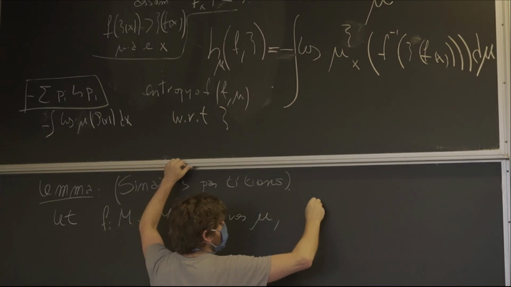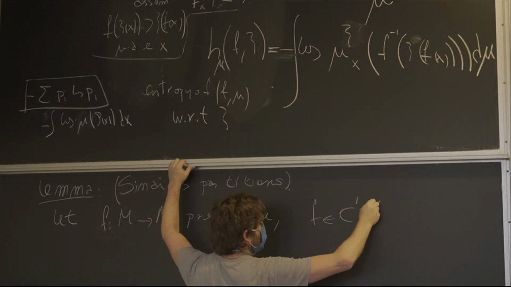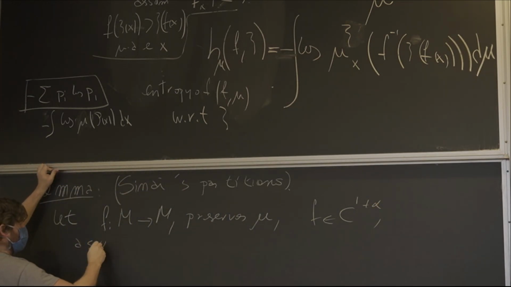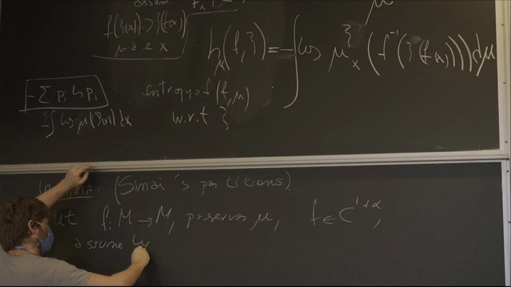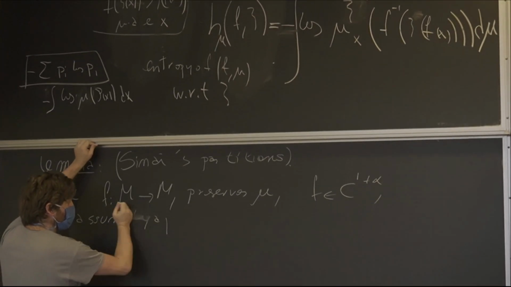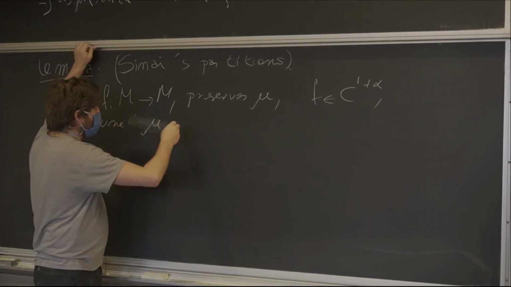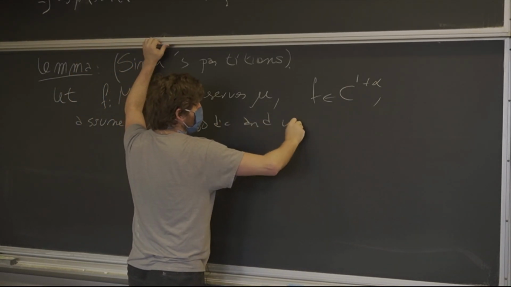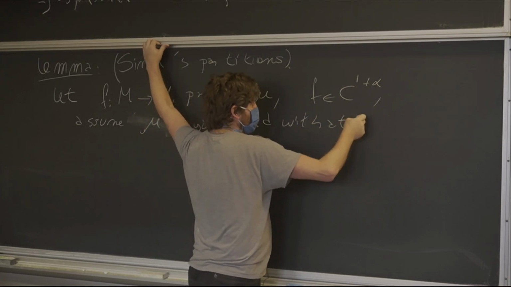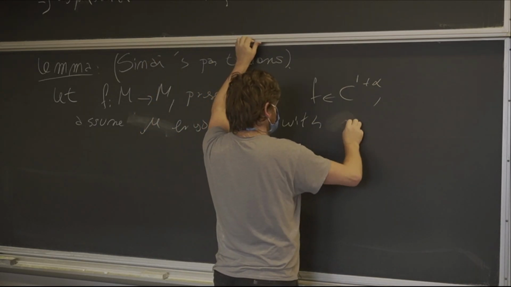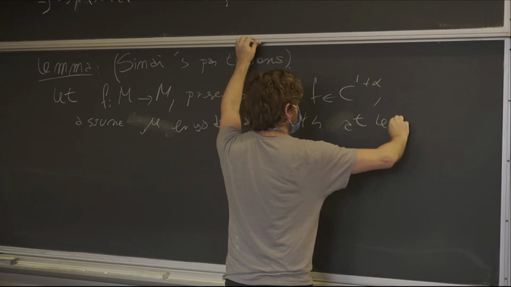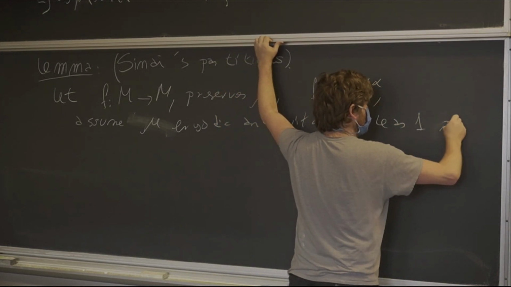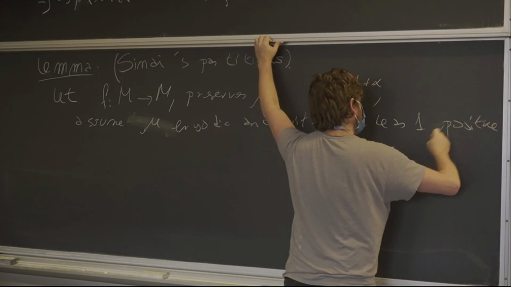mu. f needs to be C1 plus Hölder. Assume mu ergodic, and with at least, actually this is sort of redundant, but I will still do it, at least one positive Lyapunov exponent.